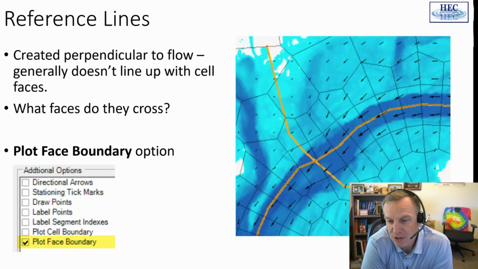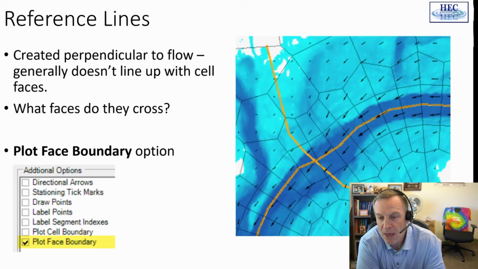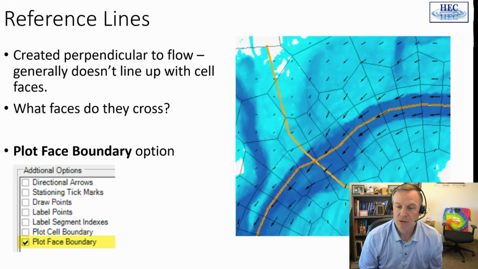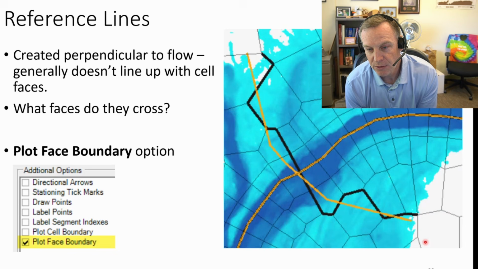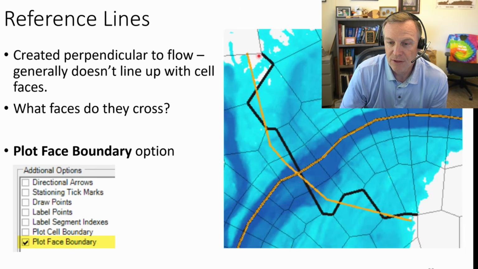But this was to demonstrate, yeah, all my faces are not aligned with flow, but what faces am I capturing in order to compute flow across those faces or velocity, et cetera. So we've added an option to reference lines where you can go in and turn on plotting of the faces that cross the line. And so those will get highlighted for you. And then you'll understand, okay, we're using this face.